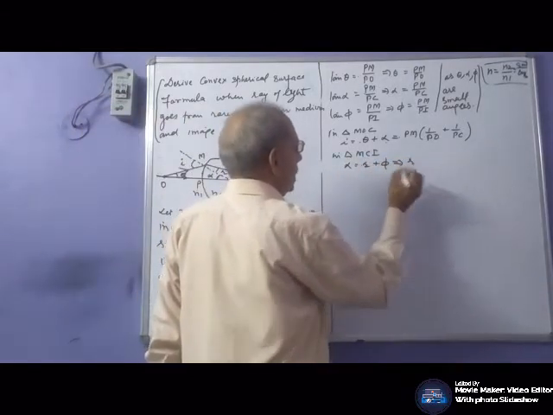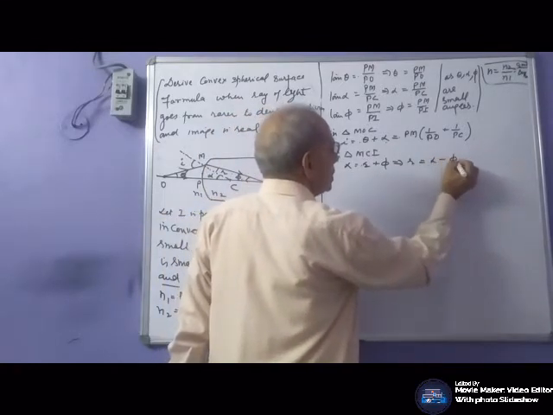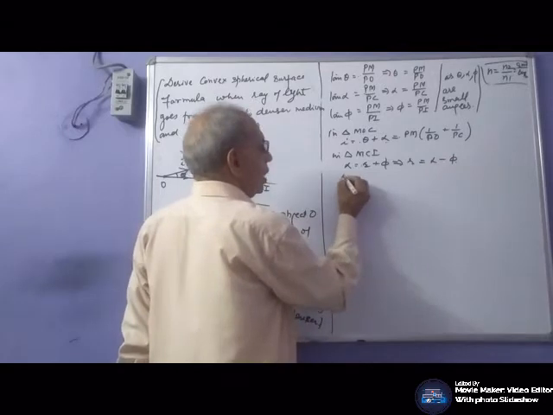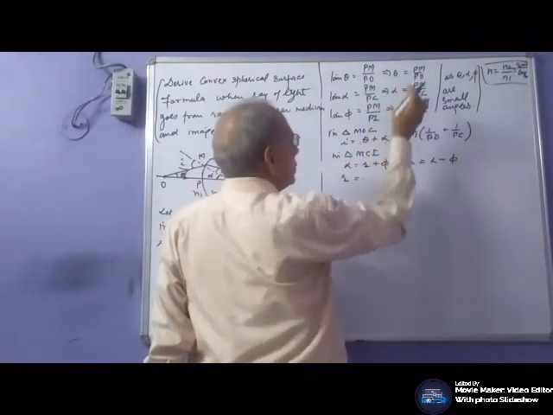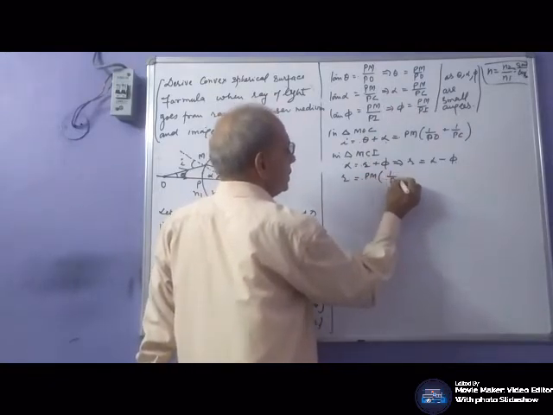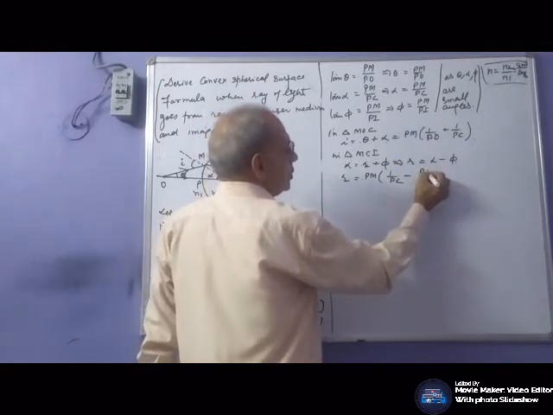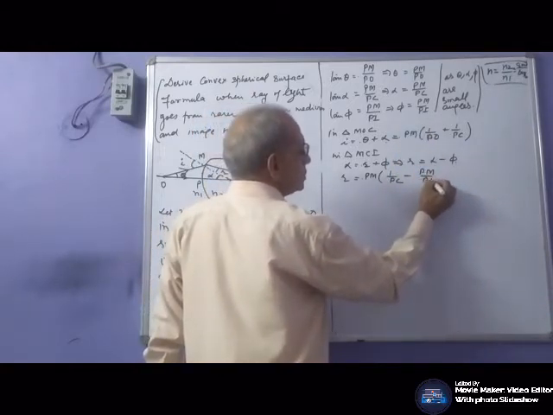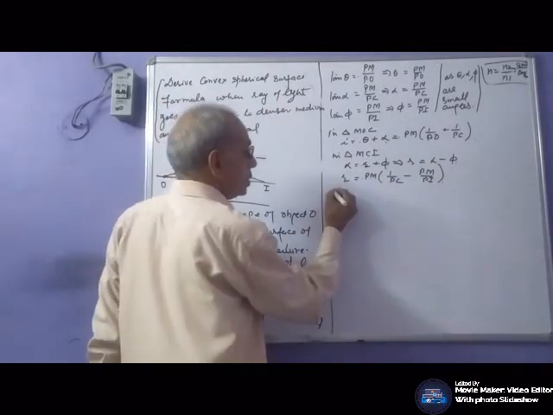We require R. R is alpha minus phi. Or R is alpha, PM by PC, minus phi, PM by PI.